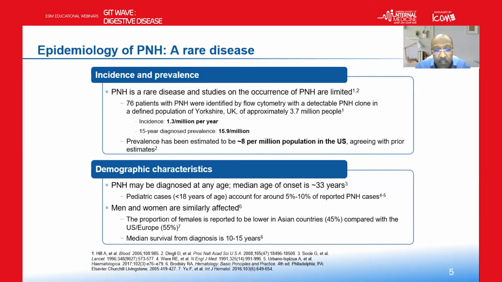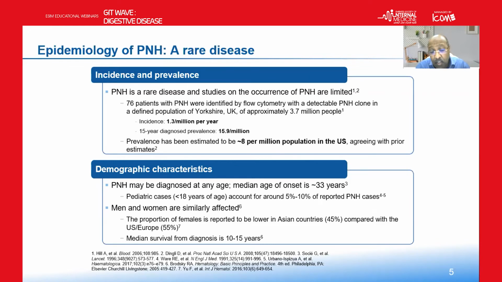If you look at the demographics of the disease, PNH can be diagnosed at any age. My first patient, I diagnosed her when she was 73 years of age, but she had had symptoms for about 10 years. The median age is 33 years, and it can affect children.